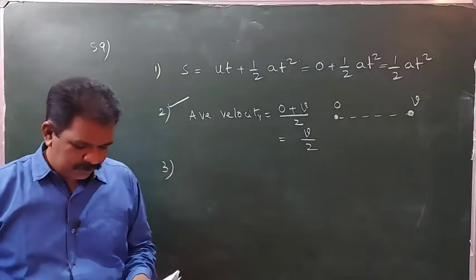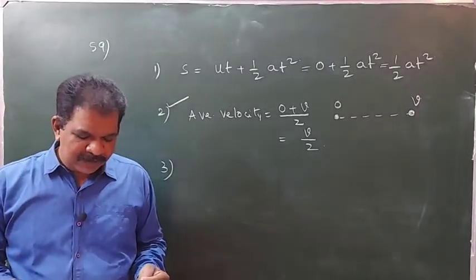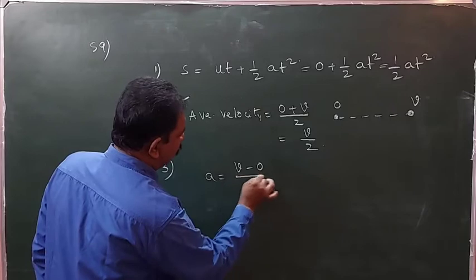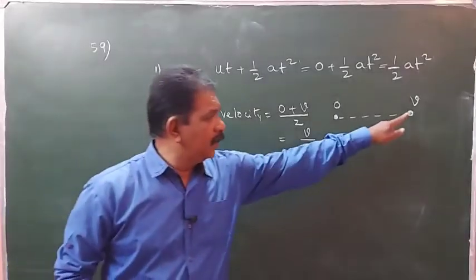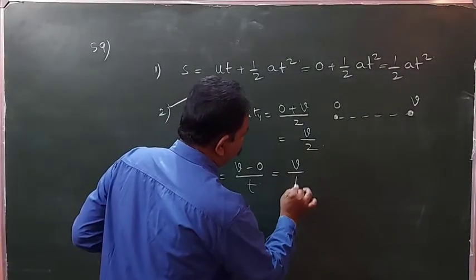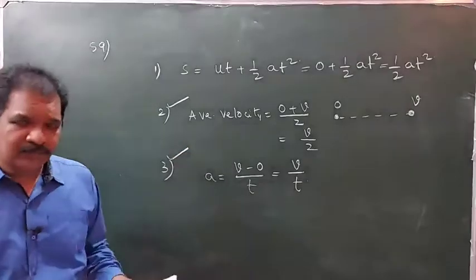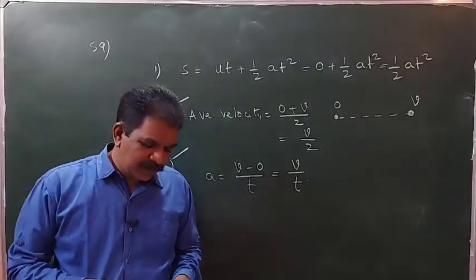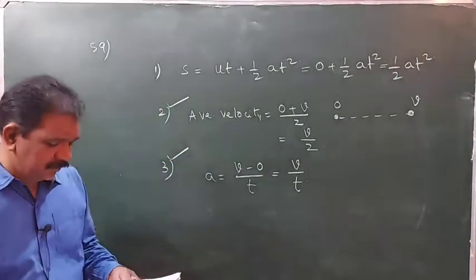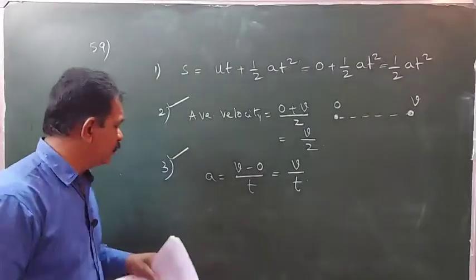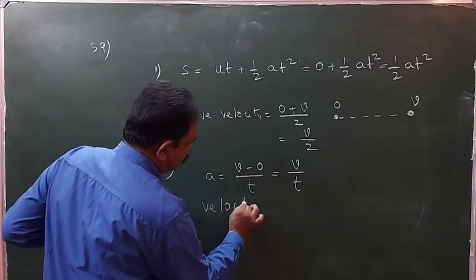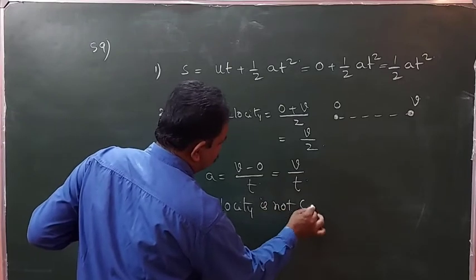Third one. The magnitude of the acceleration of the car is v by t. A is equal to the change in velocity by time, final minus initial by time t. So A is equal to v by t. This is also right. The velocity of the car remains constant. No, velocity is not constant because the car is accelerating. So velocity is not constant.